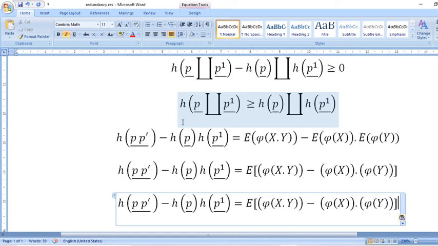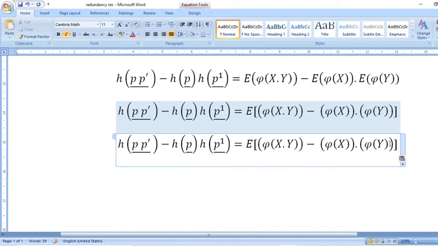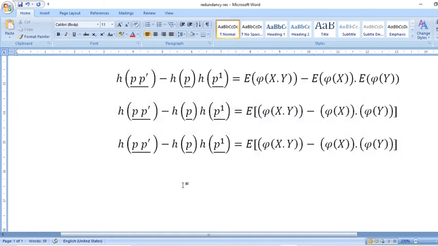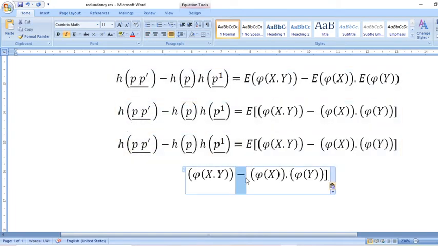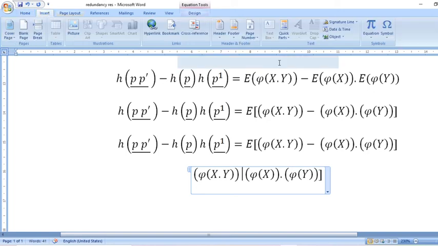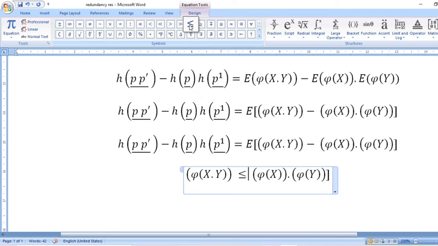Expectation of phi of x into y minus phi of x into phi of y. So we know that we have already proved the result of that. This is less than or equal to phi of x into phi of y. We have proved this result in the first chapter, in the redundancy section.